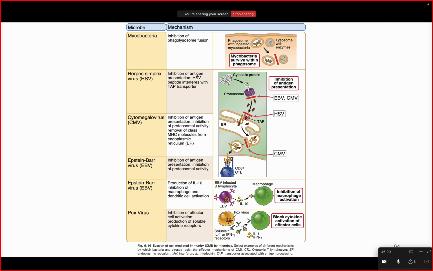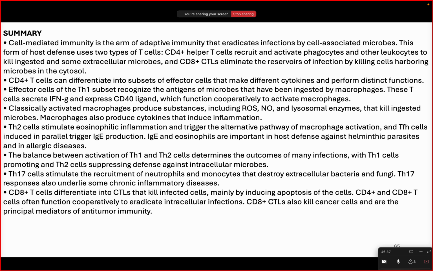Then we looked into the evasion of cell-mediated immunity. Despite having all these measures, there are organisms that have adapted themselves to escape these checkpoints, or escape these policemen, right? With our knowledge and education, we are using these techniques which nature has blessed these microbes with to come up with unique and different ways to protect ourselves.